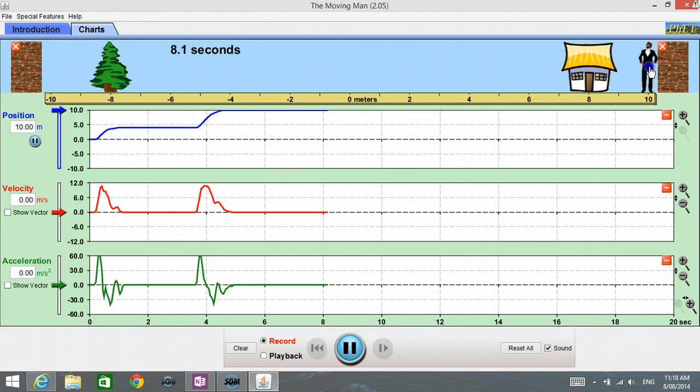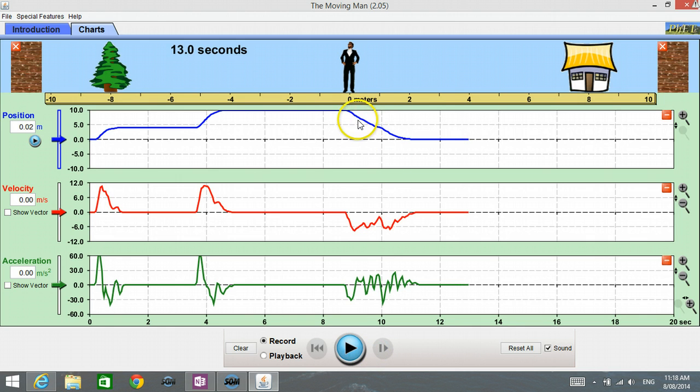Then I move the man back to the original. I have this nice looking line there, which means he traveled backwards from a displacement of 10 meters to 0 meters. Then he stands still. If I move him in the negative direction, this tells me the man traveled, reading from the graph, 4 meters below.